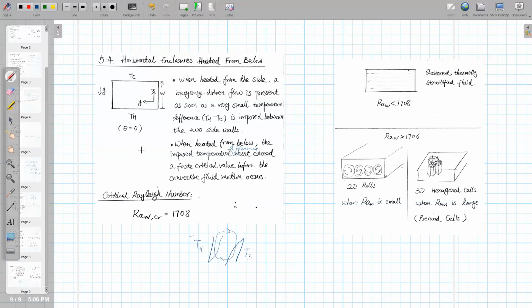And why? To explain this is very skeptical, because the reason is this, to my understanding, because the textbook didn't say it this way and didn't explain why. If you heat from the side, with the hot flow here and the fluid going up, a fluid particle will try to move up along this streamline.